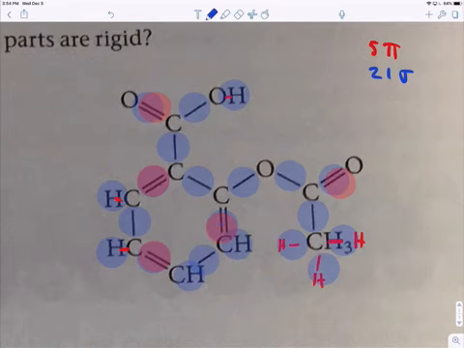Feel like I'm playing a counting game. Well, yes, it is a counting game. Although I kind of put the answer on there already. Is anybody confused about anything?